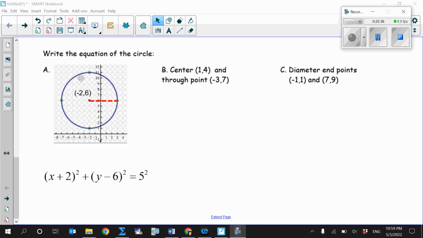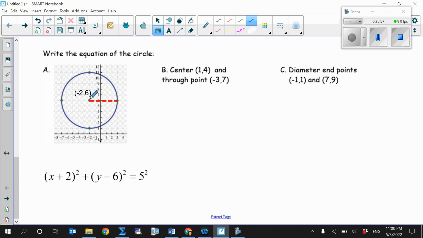So this example has the graph of the circle, and we want to find the equation of the circle. If you look at the circle, you will see that the center of the circle is at negative 2 and 6. So this is the center. Then we also need to find the radius of the circle.